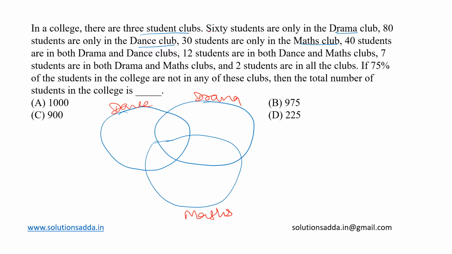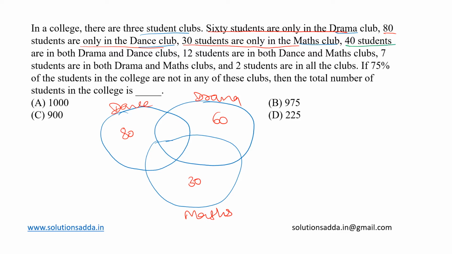Now they are saying 60 students are only in the drama club, which means they belong only to this particular region and to no other club. 80 students are only in the dance club. So over here, 30 students are only in the maths club. So they belong to this particular region.